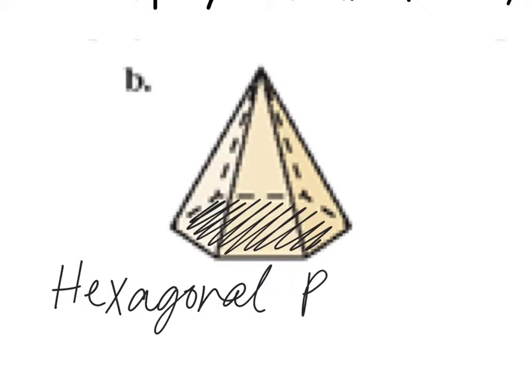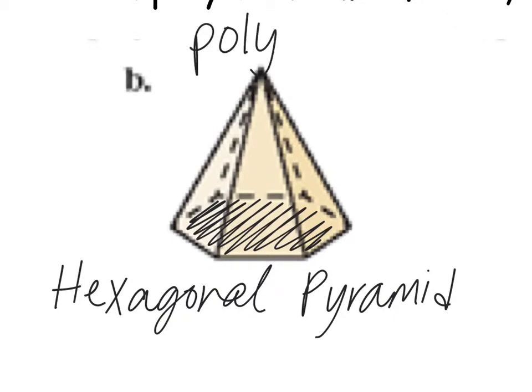It's a pyramid because it comes to a point. Is it a polyhedra? Is it made up of all polygons? Yes, it is. Look at the sides. It's made up of triangles going around, and the base is a hexagon. All of those are polygons.